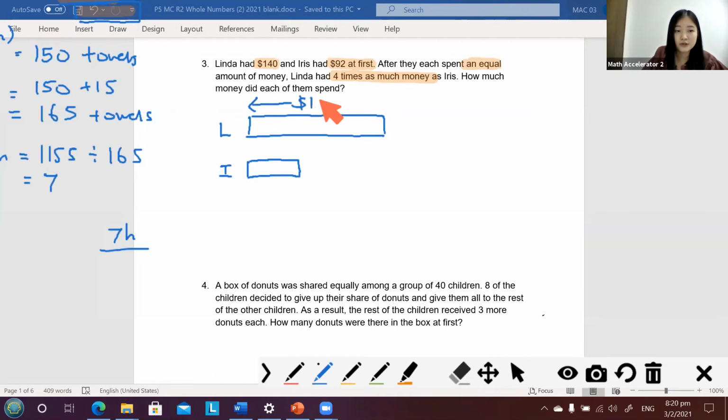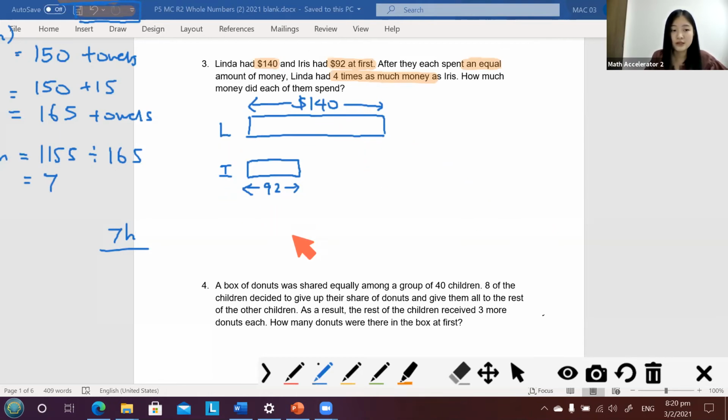Linda is 140 and Iris 92. So this is at first. Okay, so draw your model. Okay, finish. Go carry on.